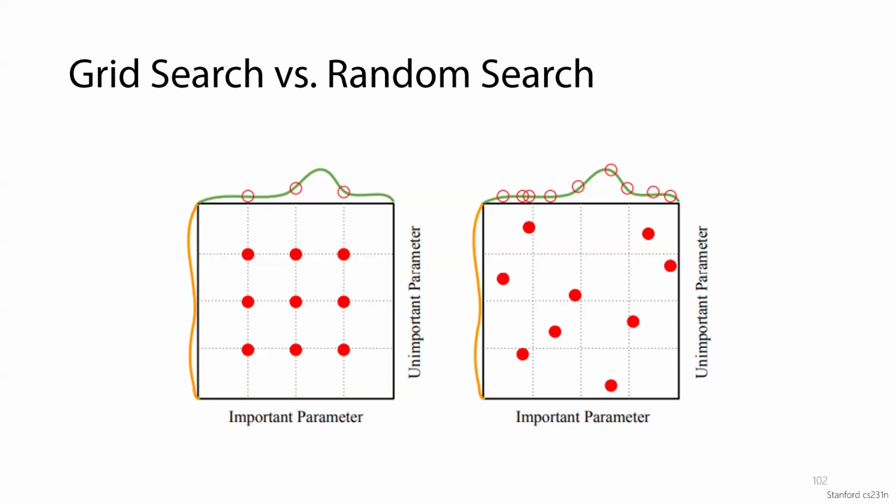And if that was the case, you're sort of wasting your computational time evaluating the three important parameters repetitively, okay? Because parameter 2 doesn't have much influence on the model performance.